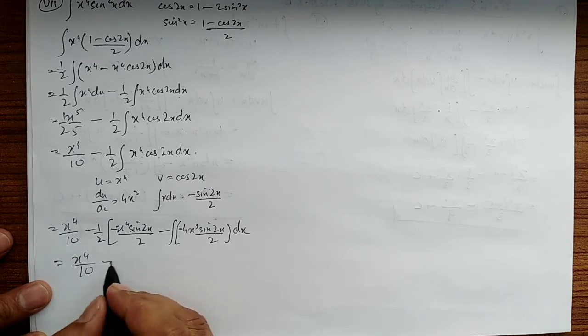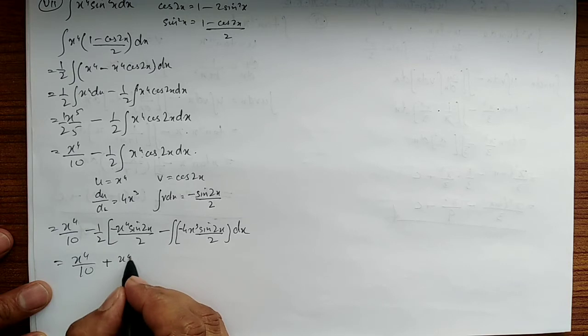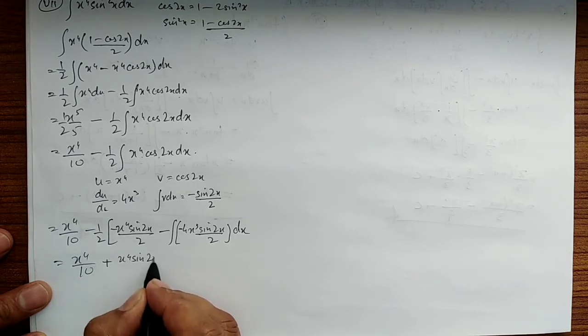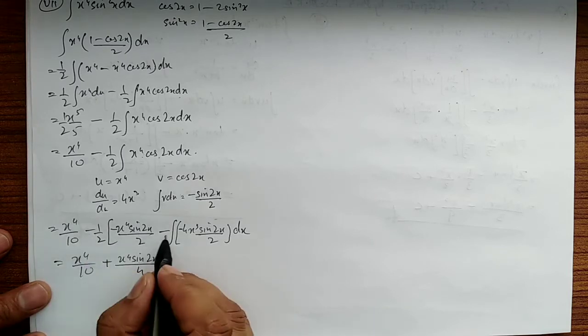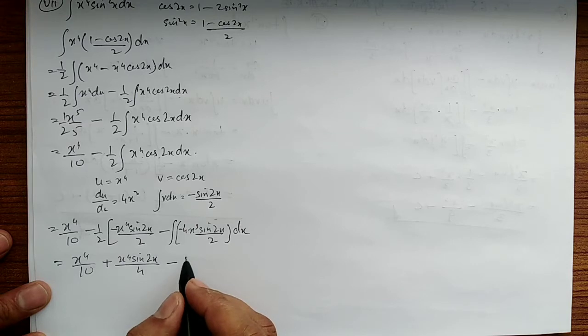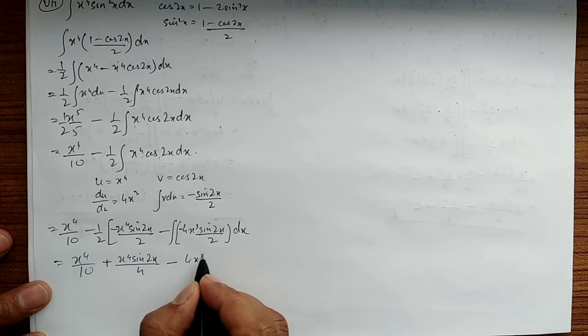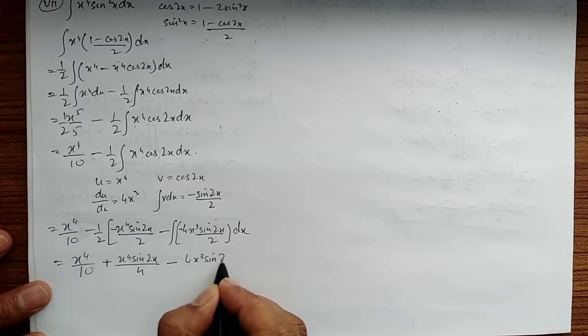x power 5 upon 10 minus, and this is plus, x power 4 sine 2x upon 4 minus, plus, and that plus into minus is minus, 4x cube sine 2x.